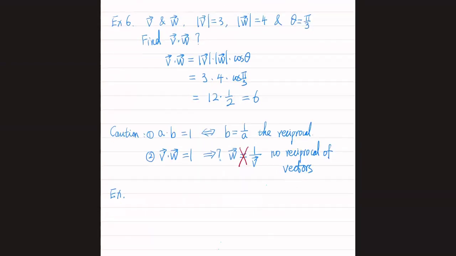This will be example 7. V equals (1, 2), W equals (4, 3), and U equals (2, 4).